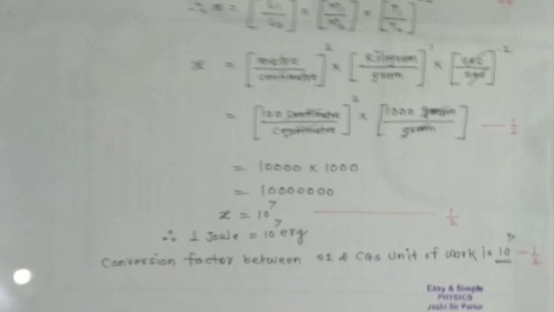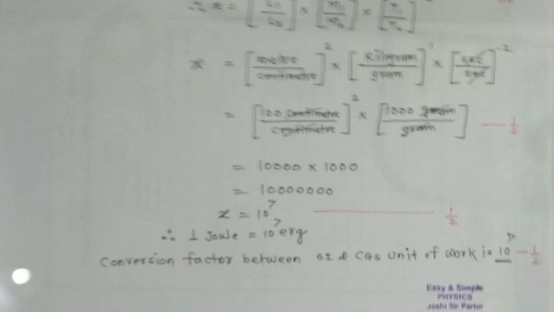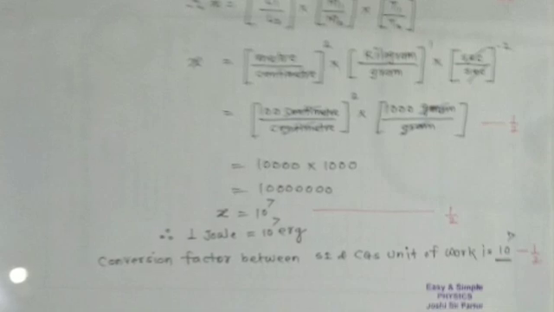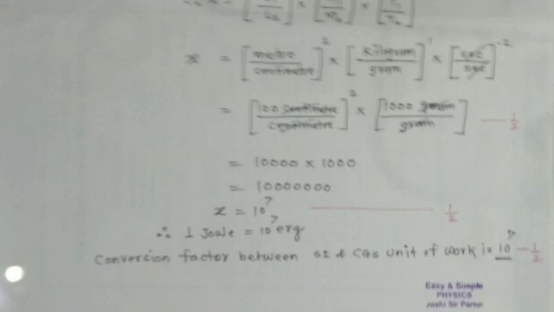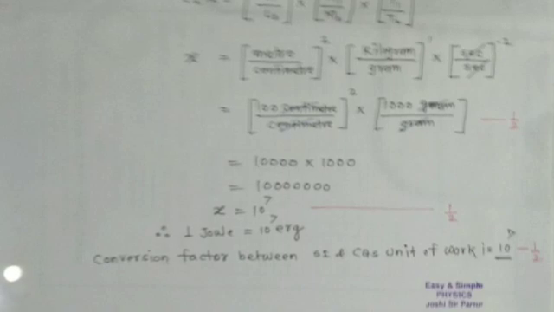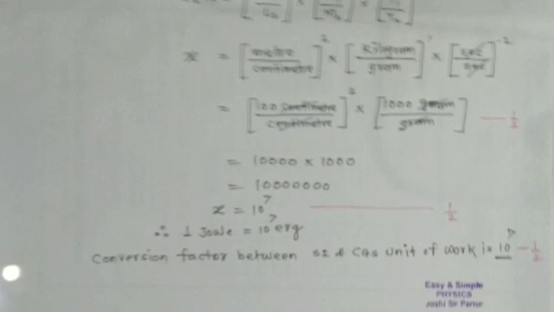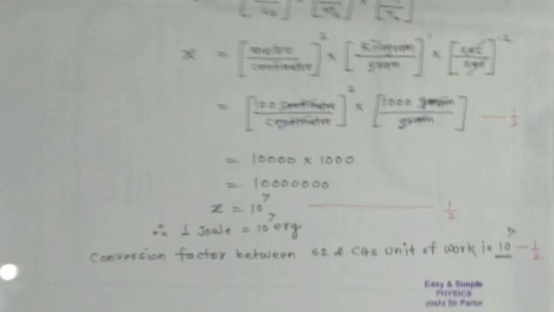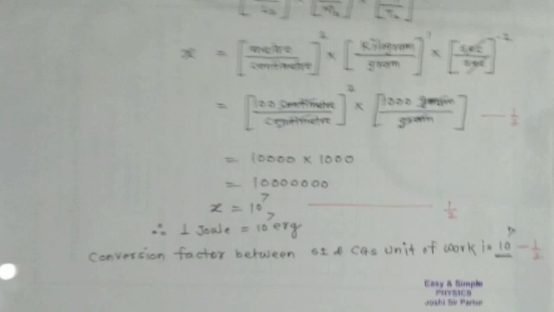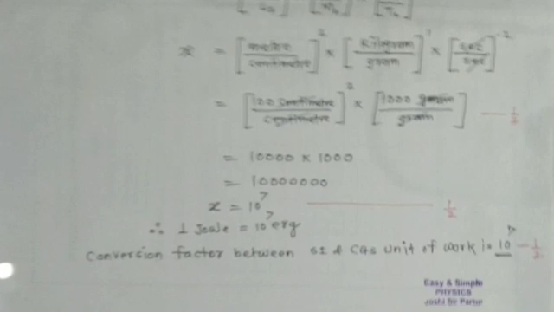So meter upon centimeter square multiplied by kilogram upon gram. We know that 1 meter is 100 centimeter. So (100 centimeter/centimeter)^2 multiplied by 1000 gram upon gram. Gram gets cancelled, centimeter gets cancelled. So 100 power 2 multiplied by 1000.